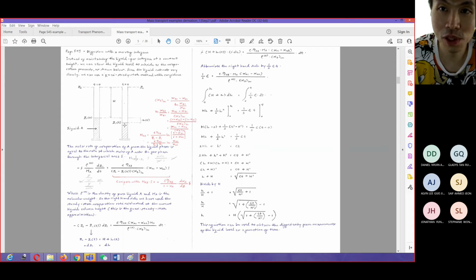I did not give you this derivation with the moving interface in the canvas, okay, guys? Because if I keep on giving you everything, then it's not good for you. I'm teaching transport, but out of curiosity I do all this derivation myself, and I don't necessarily give this as a part of the lecture, but rather as a part of my own curiosity.